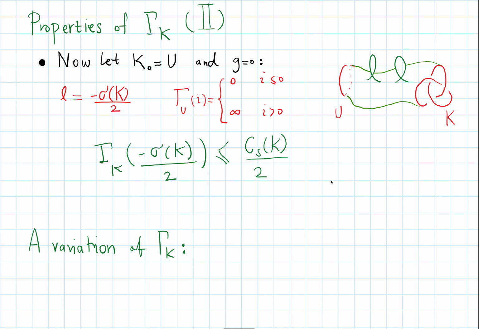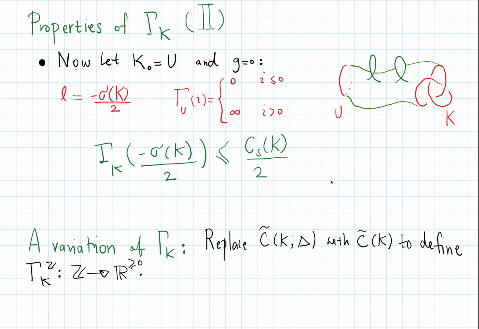I'd like to end my talk by mentioning a variation of gamma k. In the definition of gamma k, you can replace the S complex with local coefficient system with the S complex with Z coefficients, in which case we would get another invariant, which we call gamma k Z. This is a refinement of the singular Froyshov invariant with Z coefficients.